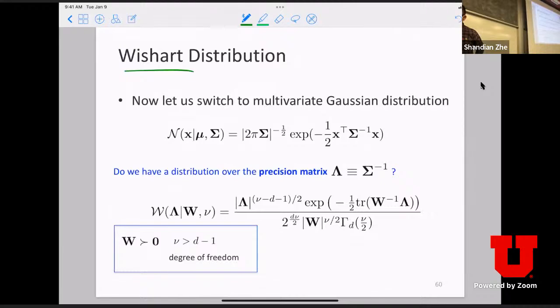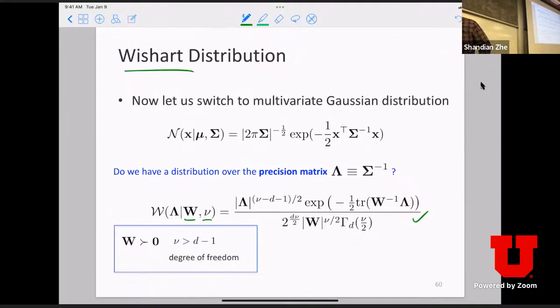So here is the density form of the Wishart distribution. Of course, no one is required to memorize that. I can't memorize that, although I first saw this like 10 or 15 years ago. I forgot, and every time I need to look at Wikipedia. But anyway, just keep in mind that the Wishart distribution is parameterized by two parameters.